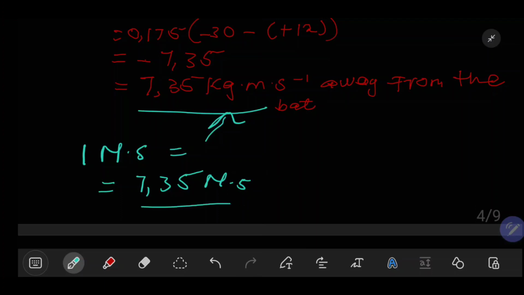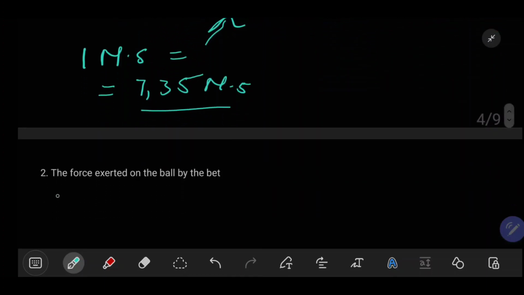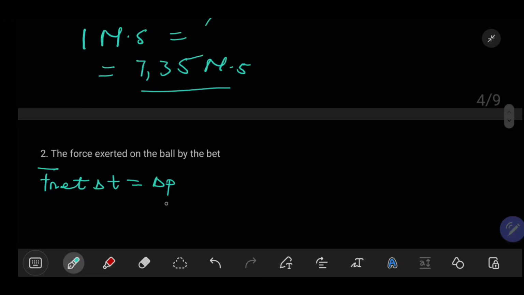Okay, so now the second question wants us to calculate the force exerted on the ball by the bat. So we use the same formula: F net times change in time is equal to our change in P. Remember that we found our impulse, the change in momentum, to be 7.35.